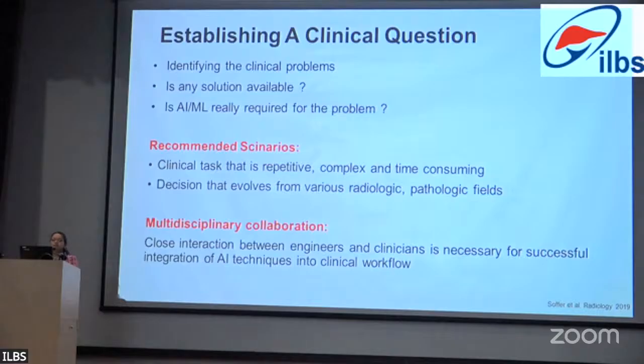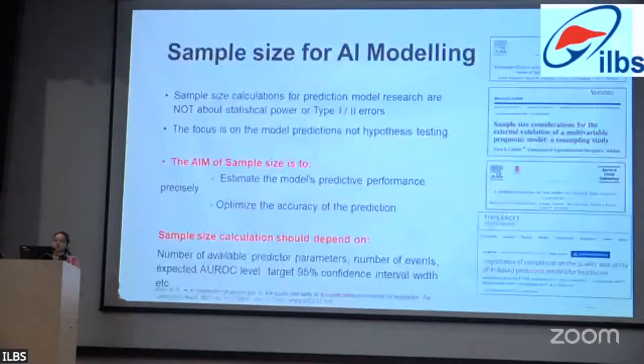AI can also play a very crucial role in combining multi-modal data and giving an inference or some probabilistic result to make decisions more objective. For this, of course, close collaboration between engineers and scientists is needed.